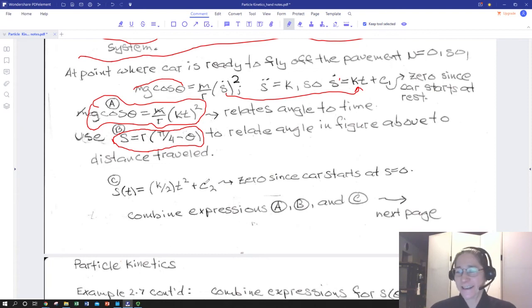We started at 0 because we hadn't traveled any distance, so C2 goes to 0. So now I have an equation relating s and t in terms of k. I've got s in terms of theta, and I have theta in terms of k and t. So these are equations A, B, and C.